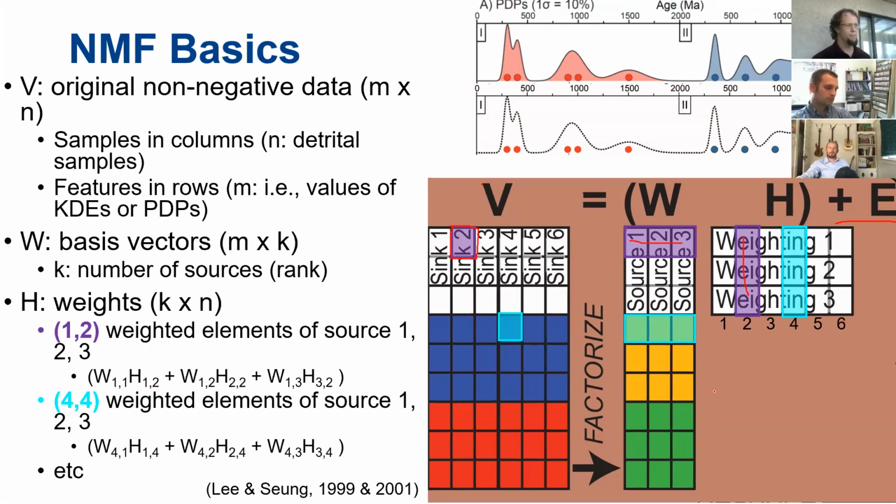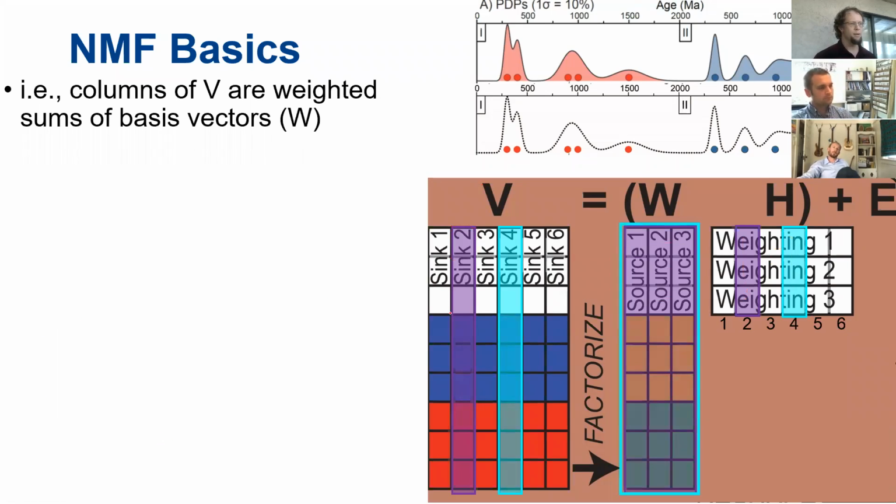Same thing goes for that cell. In summary, sync 2, for example, is the product of W times the weighting for 2. Sync 4 would be the product of W times the weighting for 4.